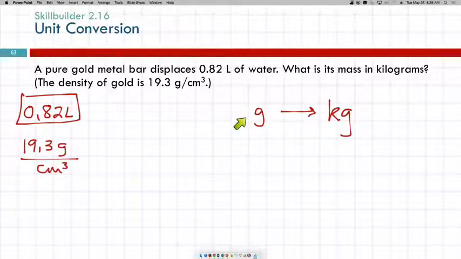And if we had grams, we could get to grams from cubic centimeters using the density. And then liters to cubic centimeters. Okay, this one's kind of a puzzle.